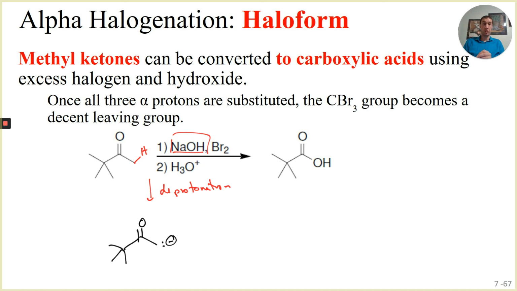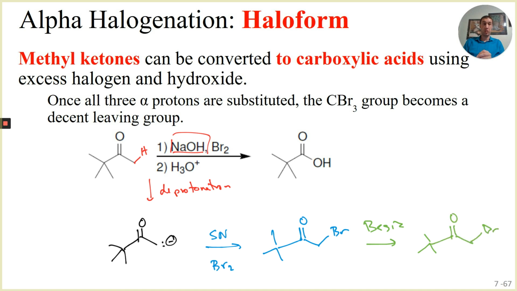That active nucleophile can then undergo a substitution reaction with our electrophilic Br2 and set us up with the now substituted structure. Because we are under basic conditions, that reaction doesn't stop and we move all the way out to the position where those are all bromines. I'm going to fix that in a second. All bromines.